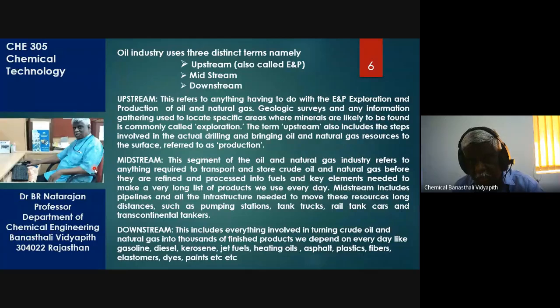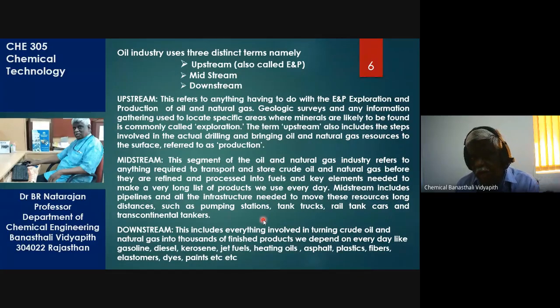The transportation of the oil, right, that is what is midstream. Midstream is all that operation between production and downstream. Downstream is where the petroleum refining takes place in the refinery. So you have huge pipelines bringing the oil from the drilling point to the refining point. They all fall under midstream.